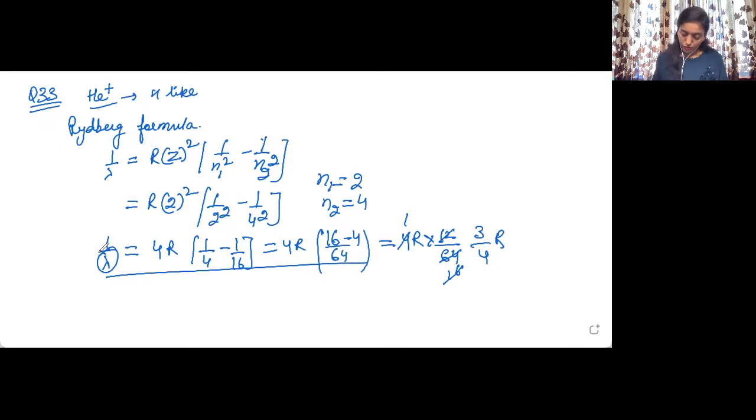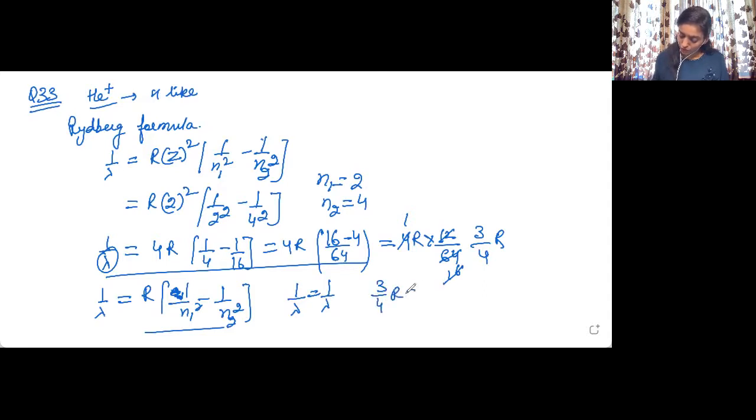We can just write the Rydberg formula for hydrogen atom, R into 1 upon n1 squared minus 1 upon n2 squared. Lambda is equal in both the cases. So I can write here 3 upon 4R is equal to R into 1 upon n1 squared minus 1 upon n2 squared.